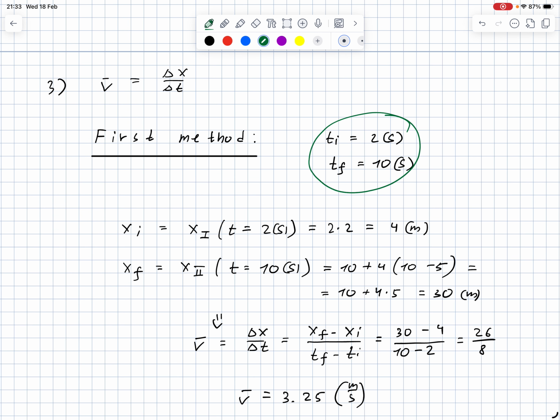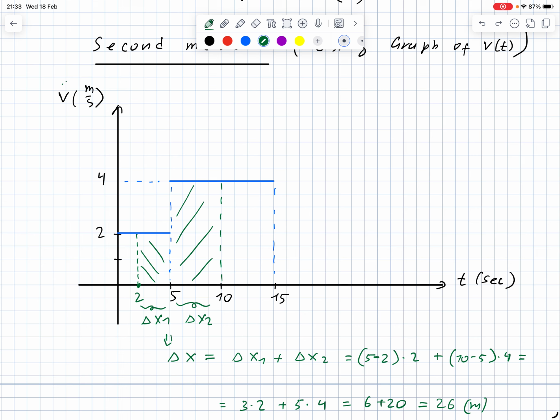Okay, now the second method, we're going to use the area under the graph of v of t. I hope you know this, that the area under v of t is actually displacement, delta x. Now, if we want to calculate displacement between initial time of 2 seconds and 10 seconds, we need to calculate two areas, 1 and 2.